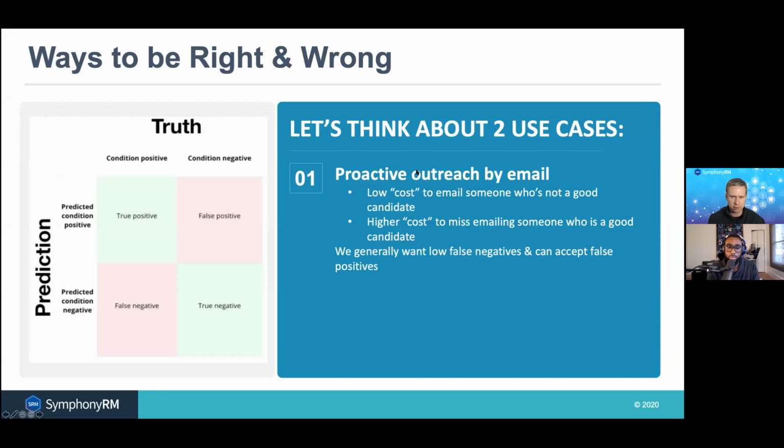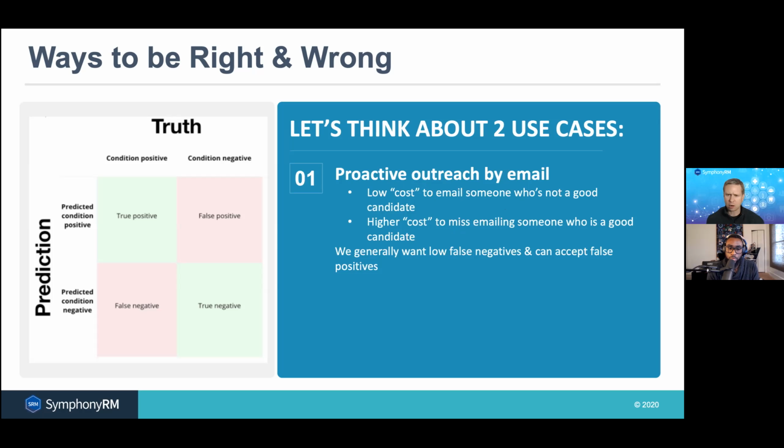And for that particular use case, we can observe the relative costs of emailing someone who's not a good candidate and the cost of missing somebody who is a good candidate. And our assessment is for a use case like this, there's a fairly low cost to emailing somebody who might not be the best candidate, meaning they're going to get a pretty generic email about cardiovascular services and an HRA.